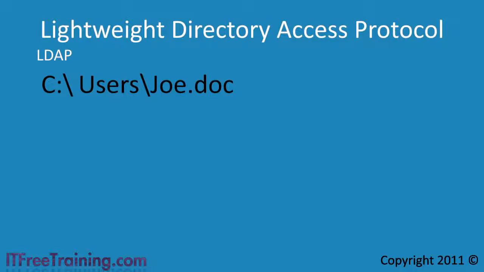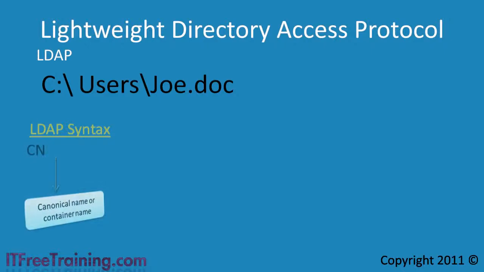If you think of LDAP accessing a hierarchy of folders and files, you will have no problem understanding the syntax it uses. The first terminology that LDAP uses is canonical name, or container name, or CN for short. Think of this as the file name in the example, or object in Active Directory.